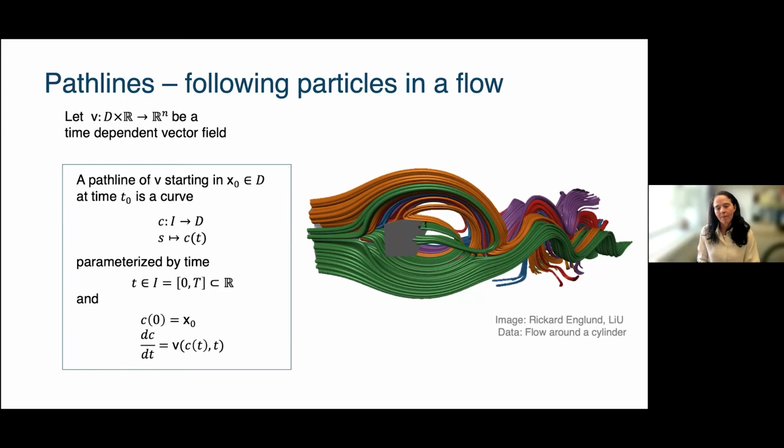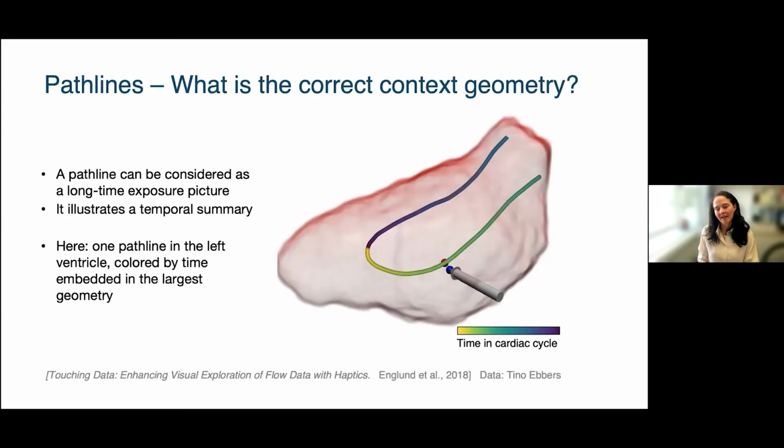So if you think about what a path line actually is, here we have a picture with one path line. The geometry that you see here is the left ventricle of the heart. This is showing one single line. And here the color of this line represents the time in the cardiac cycle. Since this is a periodic movement, you move from yellow to blue, and then you jump to yellow again.